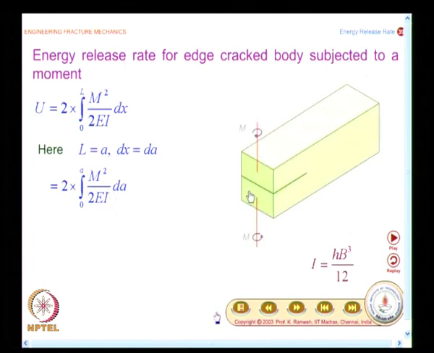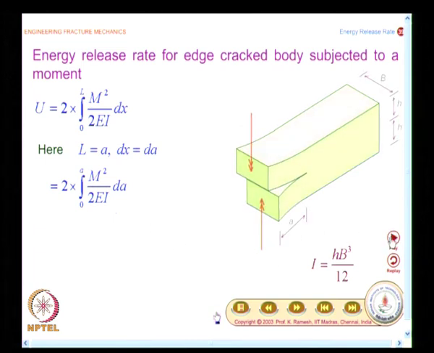And you should also write the expression for I carefully. You should recognize what is the plane of bending and then write the moment of inertia, and look at how it bends, how the dimensions h and b are shown. When you look at that, you get I as h b cubed by 12, and just substitute it in; a fairly simple exercise.